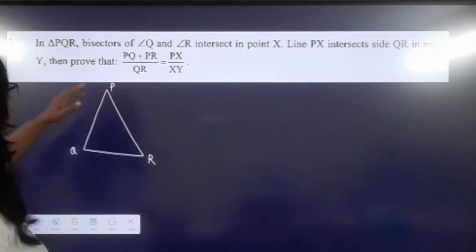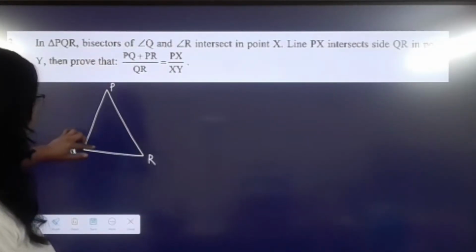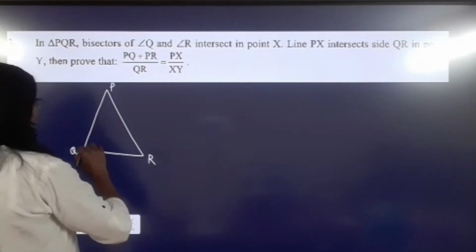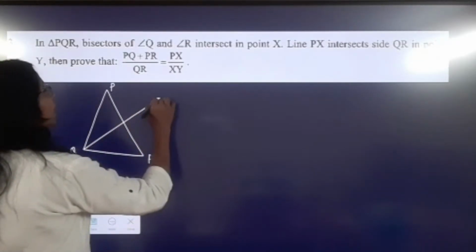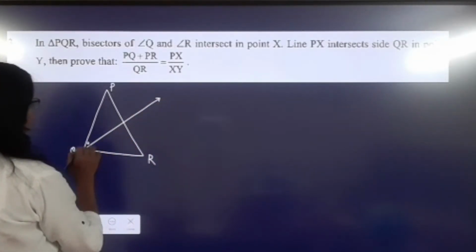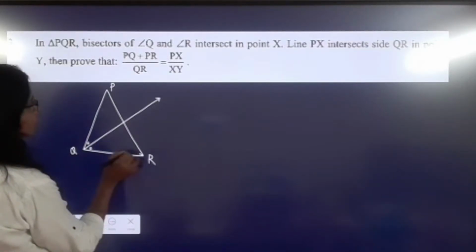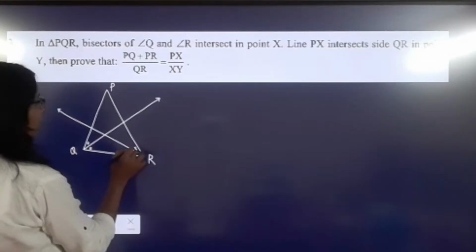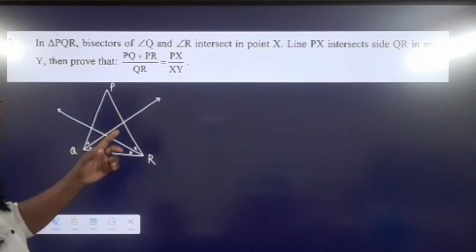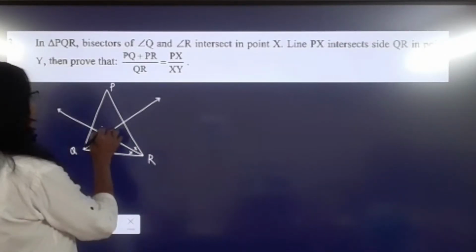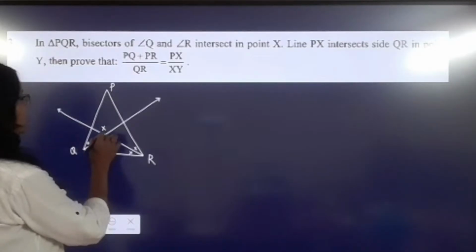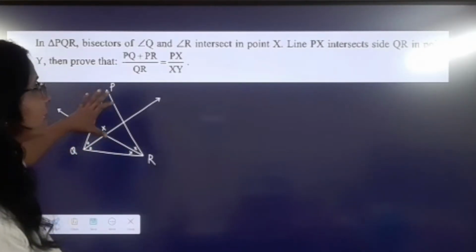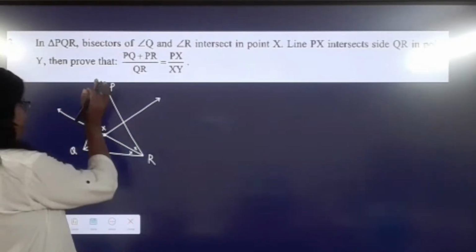Okay, so now the bisector of Q and then the bisector of R. Okay, so this is the bisector of R that intersects in the point X. So this is the point X. So line PX intersects.